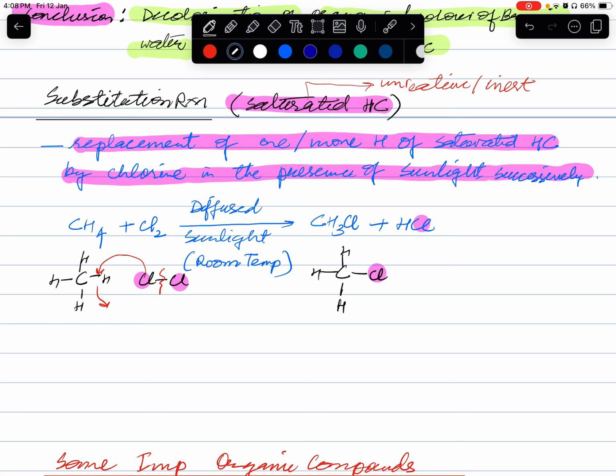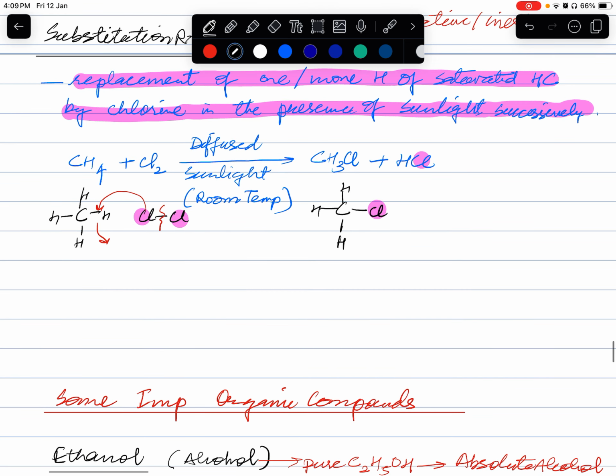But if this reaction is not controlled, more displacement will take place. It is not the case that only one hydrogen is displaced; other hydrogens can also be displaced. So under similar conditions, CH3Cl will combine with one more molecule of chlorine, and we will be getting CH2Cl2 plus HCl.